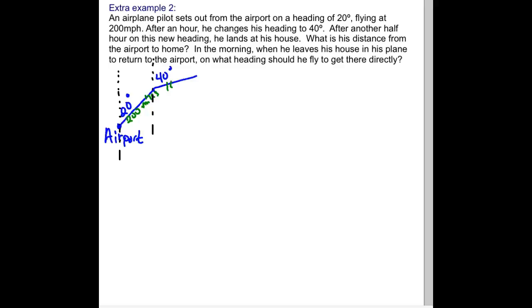So the length of this segment would be 100. And at that point we land at our house. And the question is, when we return to the airport the next day, what would be the distance that we travel if we went directly there? And then also what bearing or what heading should we use to get there?